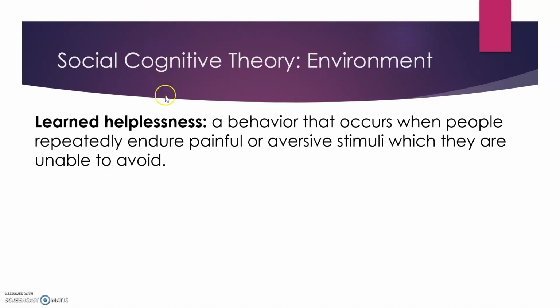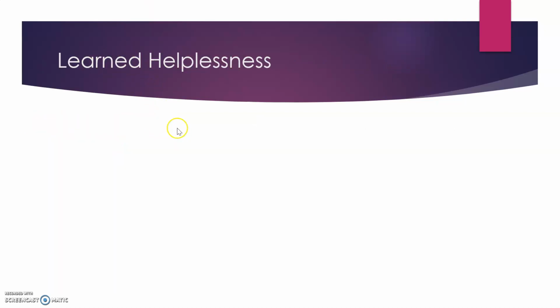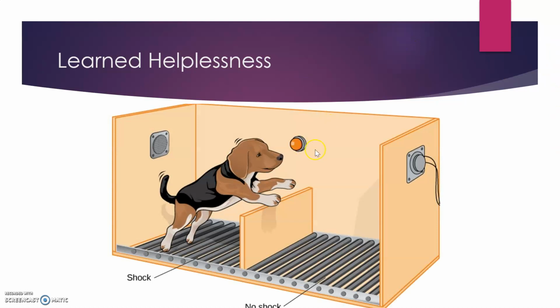And next, I want to talk about the experiment proving this learned helplessness. So you can see this dog was placed in such a box, and this box was separated into two small chambers. At one chamber, they could give some electric shock.